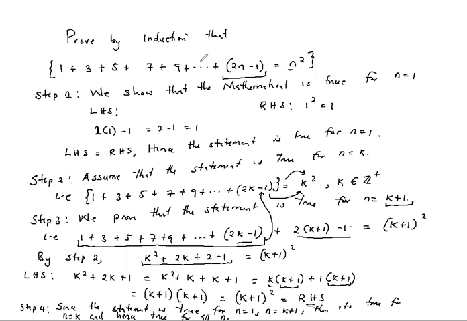In induction, we first show for the smallest possible n. So the smallest n you can get in positive integers is 1. So we check if it's true for the smallest positive integer, which is 1.